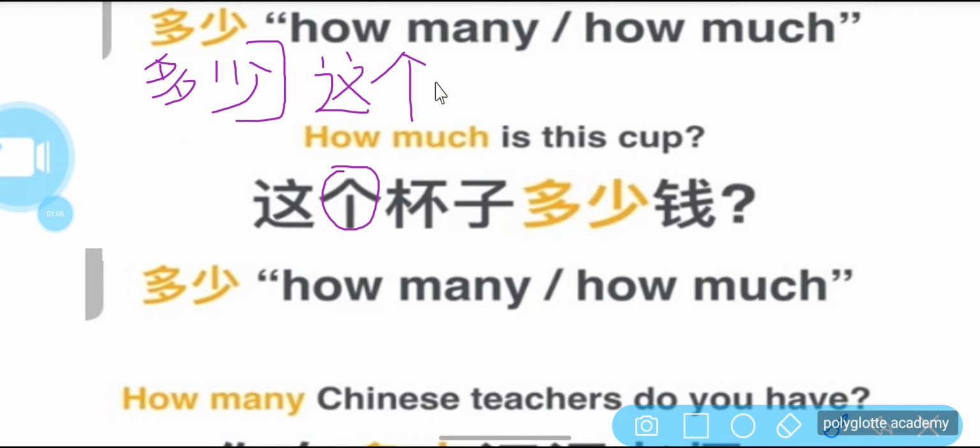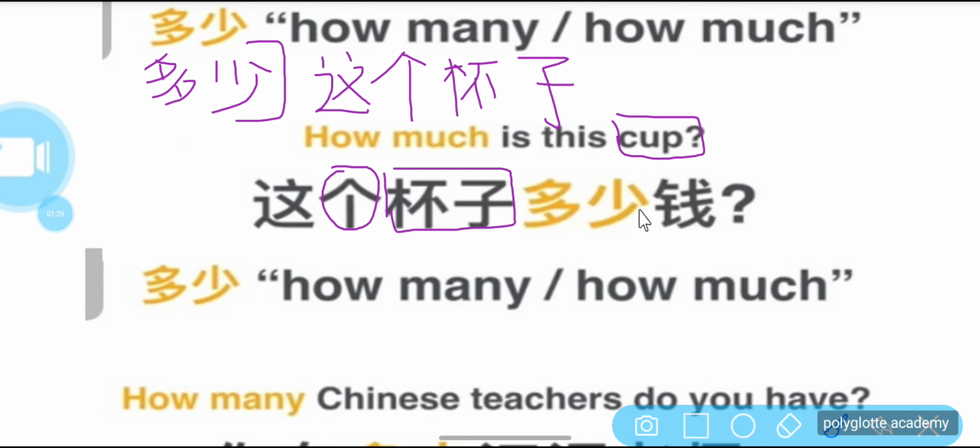So 这个杯子 here is a cup. 杯子 is cup. 非常好。So 多少，这个杯子多少钱。So the full sentence will be 这个杯子多少钱。Now 多少 here we said is how many or how much.